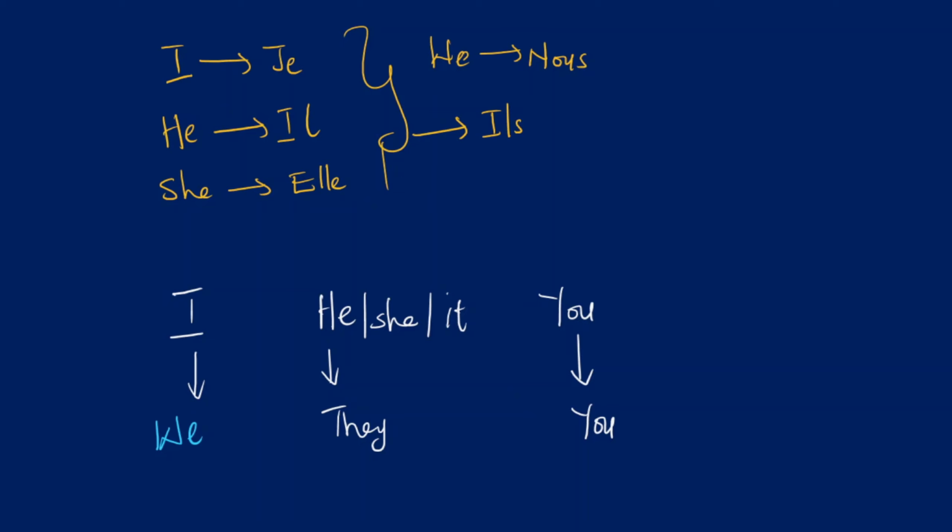If it is feminine, it's going to be elles. Oh, I forgot to add this here. The singular of you here is tu, while the plural is vous, which means you too.